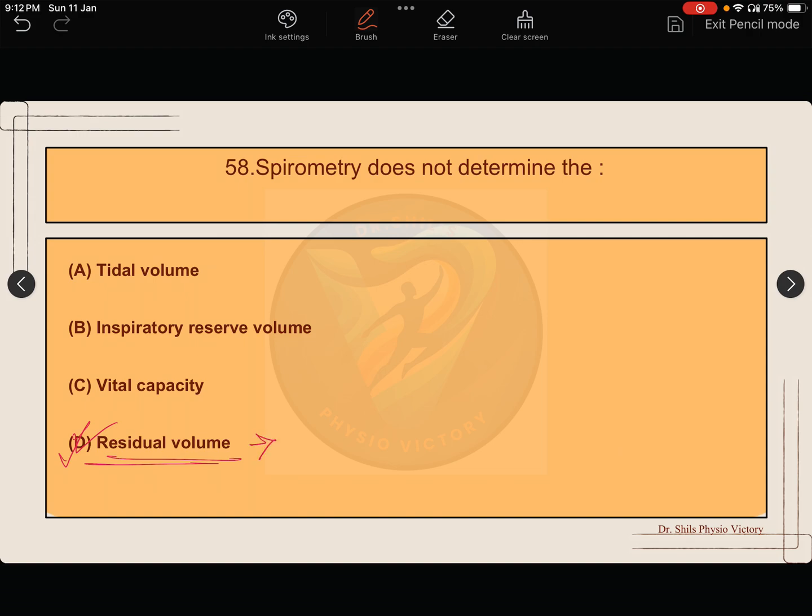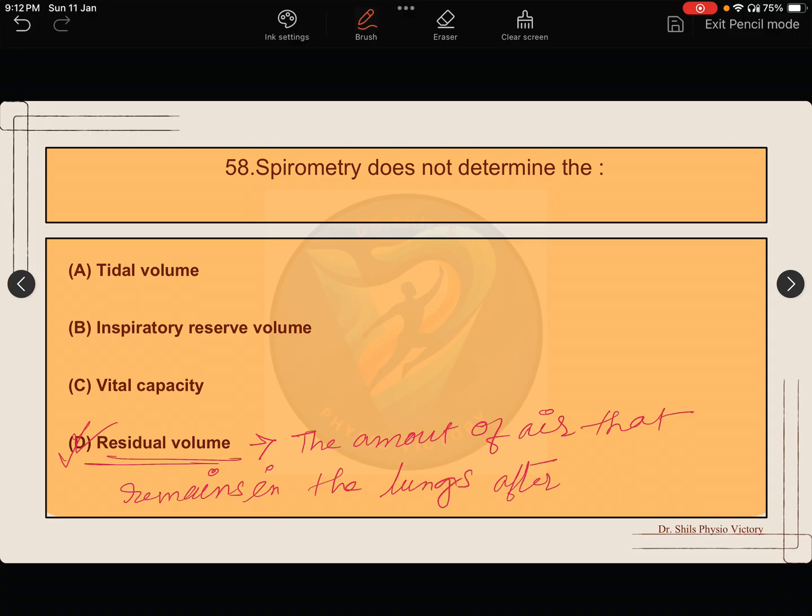Residual volume, what is residual volume? The amount of air that remains in the lungs after a maximal forced expiration.